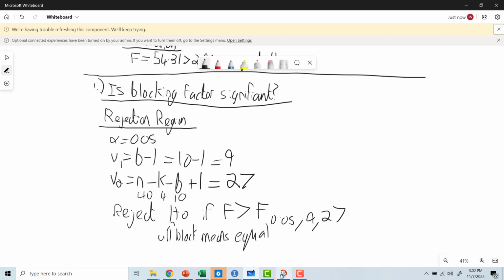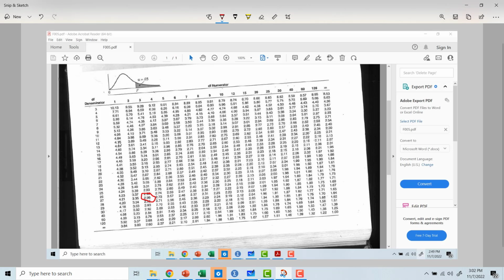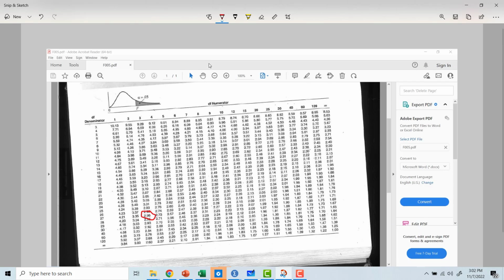So let's go back to our little snippet here. We can go across, numerator 9 and 27 is 2.25.